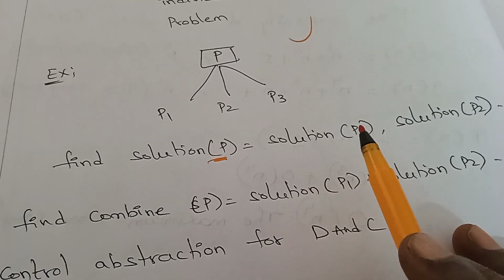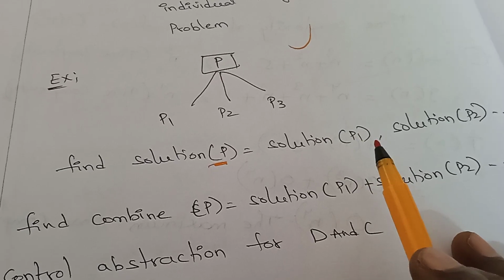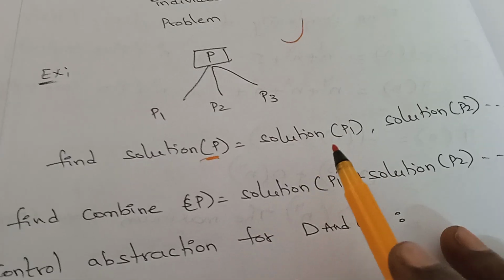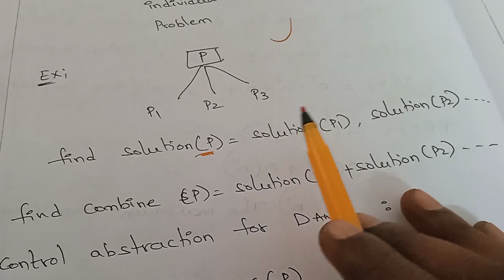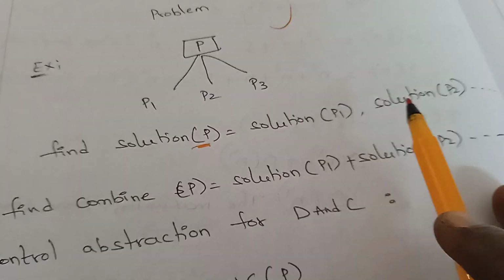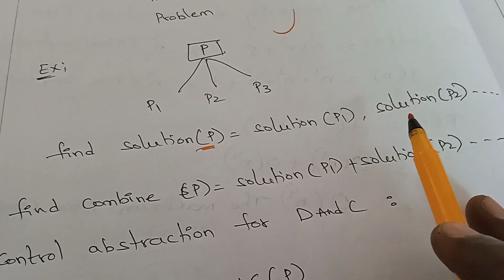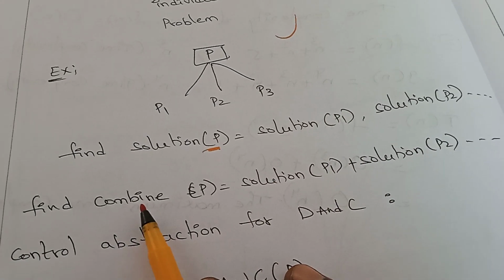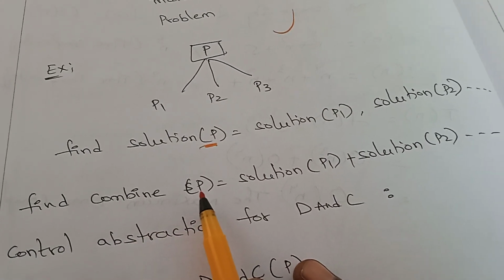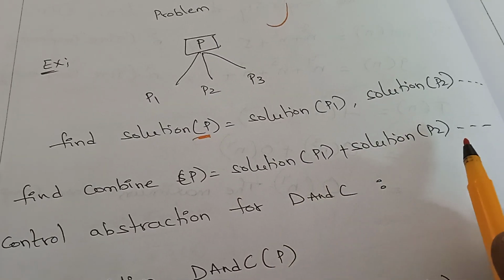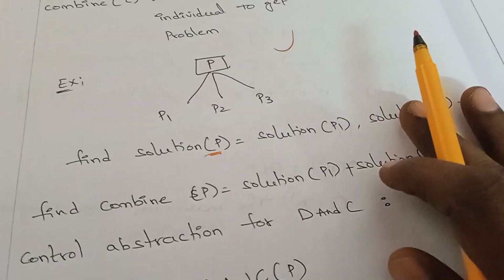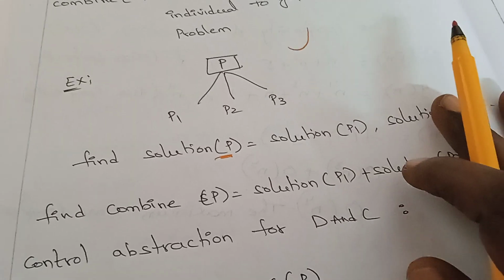Conquer means handle, or find the solution. Once we find the solutions individually, we combine them to get the solution of problem P. We combine all individual solutions, and this is exactly the divide and conquer approach.